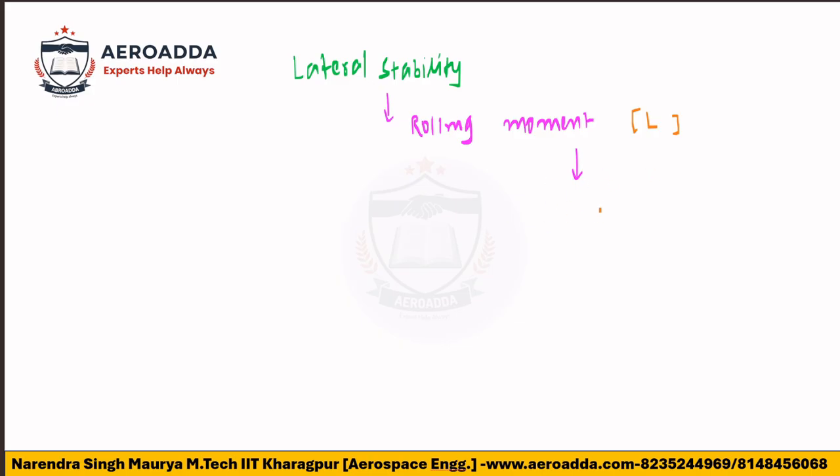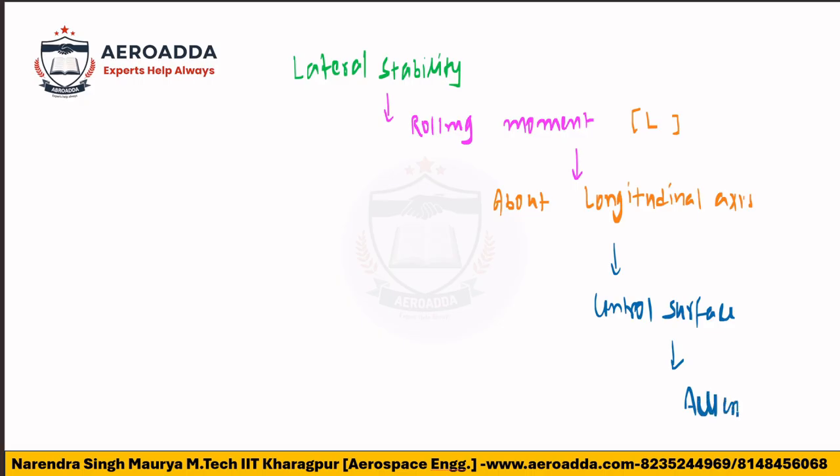And this rolling moment is generally about the longitudinal axis. And the control surface is nothing but the ailerons. I hope you understood this.